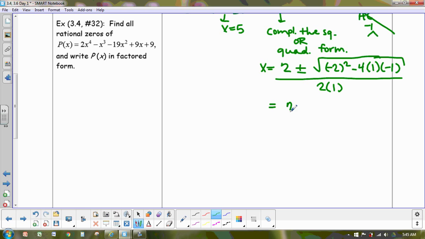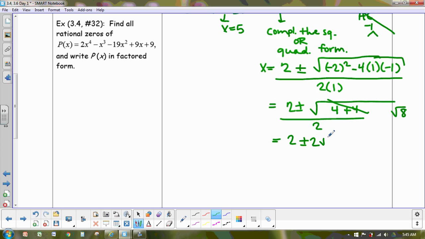So x equals 2 plus and minus the square root of 4 plus 4, all over 2. So that's the square root of 8. And if I'm working with the square root of 8, then I can clean that up: 2 plus and minus 2 square root of 2.